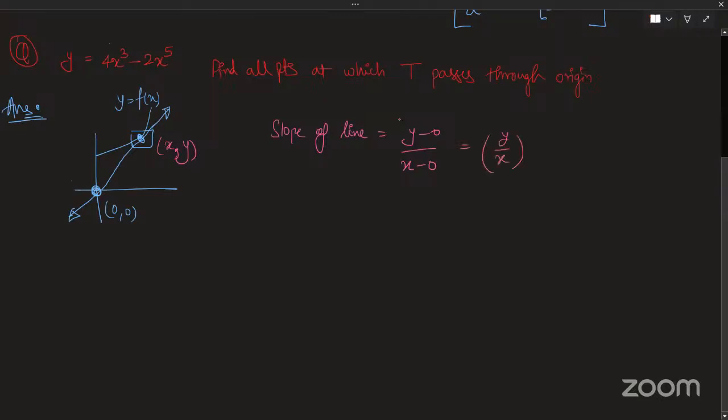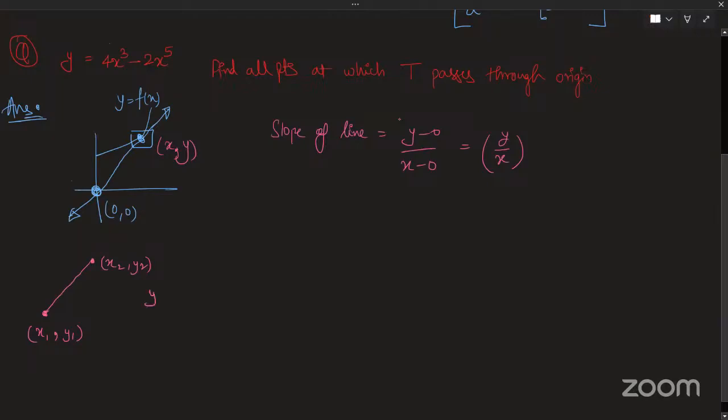All of you know this? If I've got two points in the Cartesian plane, x1, y1 and x2, y2, what is the slope of the line joining both of them?